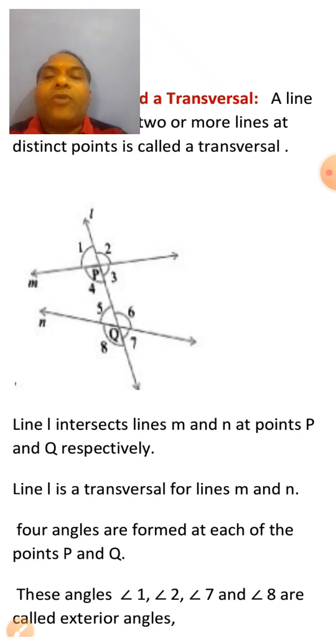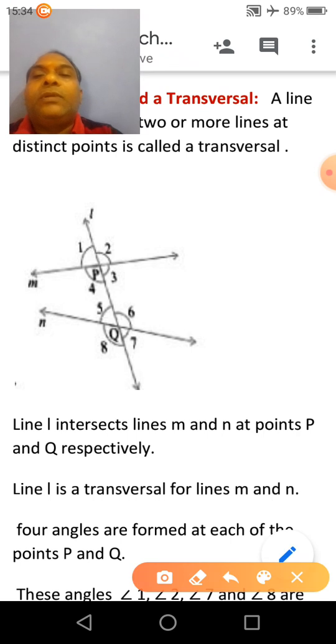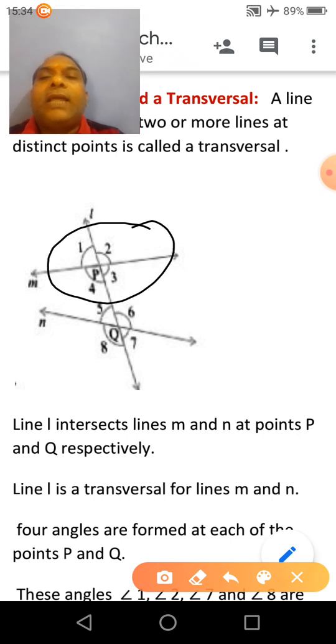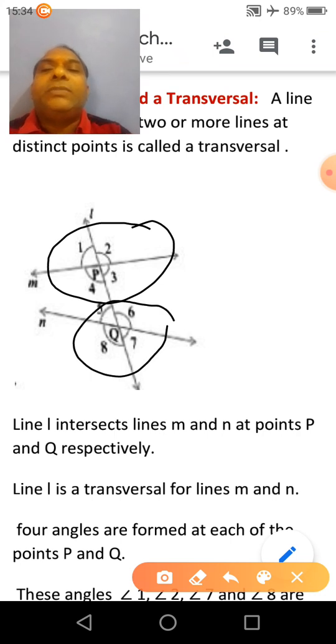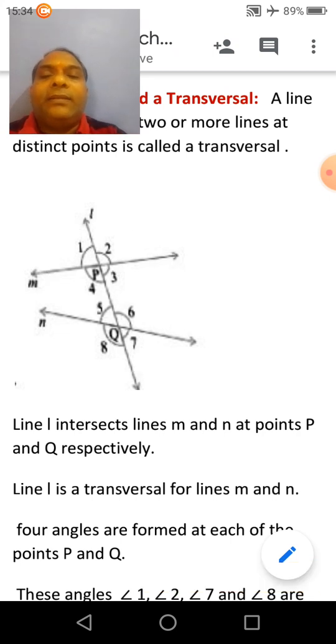Four angles are formed at each of the points P and Q. So here at point P, four angles are formed: angle 1, angle 2, angle 3 and angle 4. Similarly at point Q, four angles are formed: angle 5, angle 6, angle 7 and angle 8. Clear?